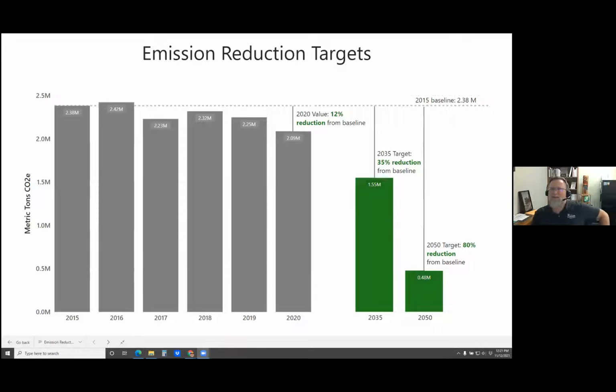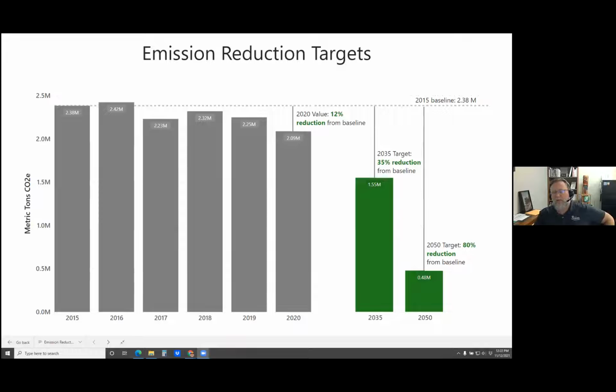Towards the tail end of generating this report and doing this analysis, the 1.5 report came out, indicating that we needed more aggressive and ambitious overall reduction goals.